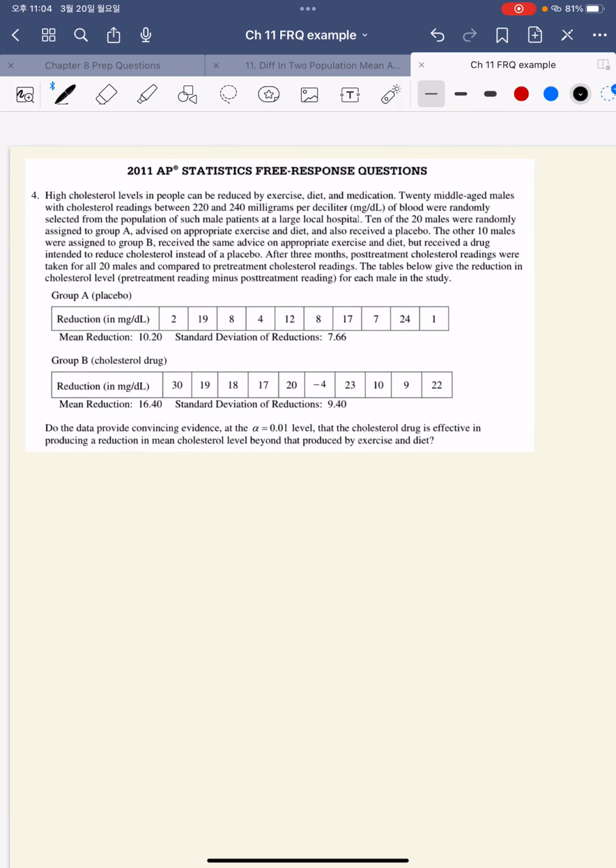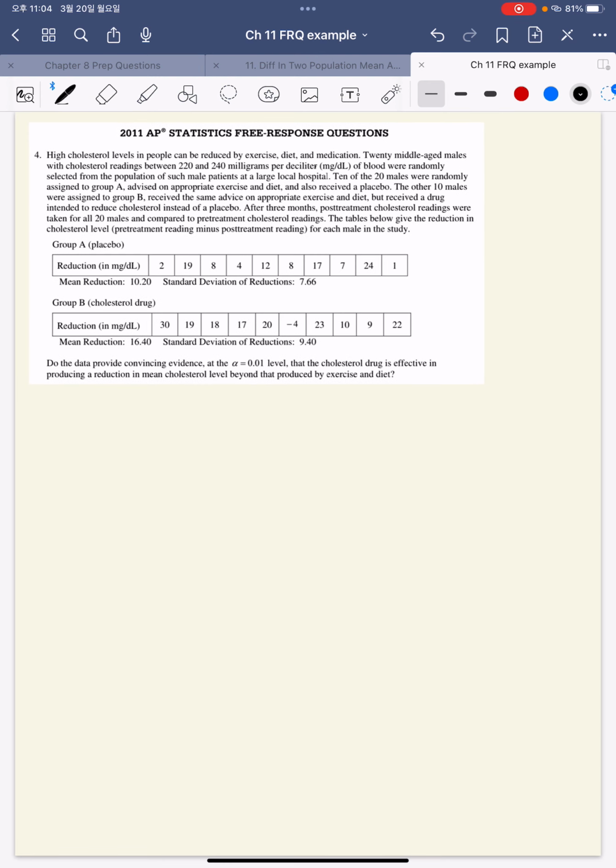We'll get started. So when we first solve the FRQ, we need to divide our response into 4 sections, which is state, plan, do, and then conclude.